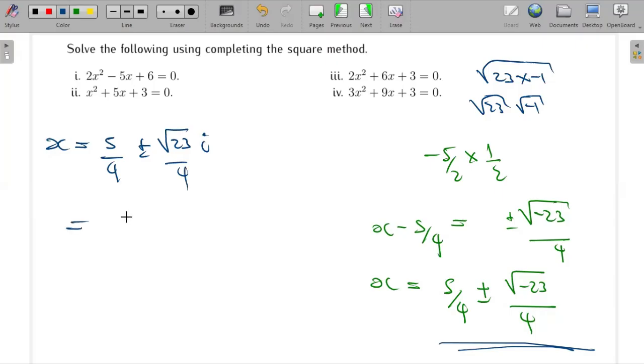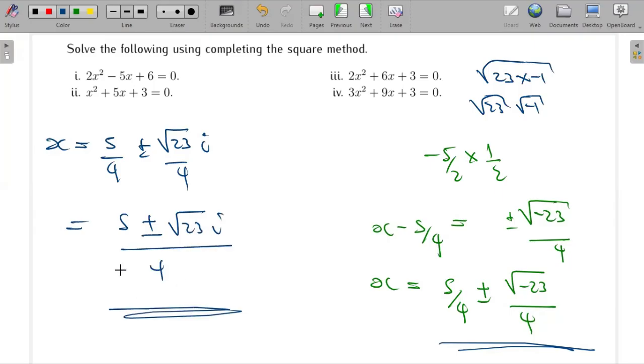So this gives you (5 plus minus root 23 i) over 4. So this is your solution. It's not a real solution, because you have a complex number. So you cannot even plot it on a Cartesian plane, because it's not a real solution. Okay, so this is what we get.